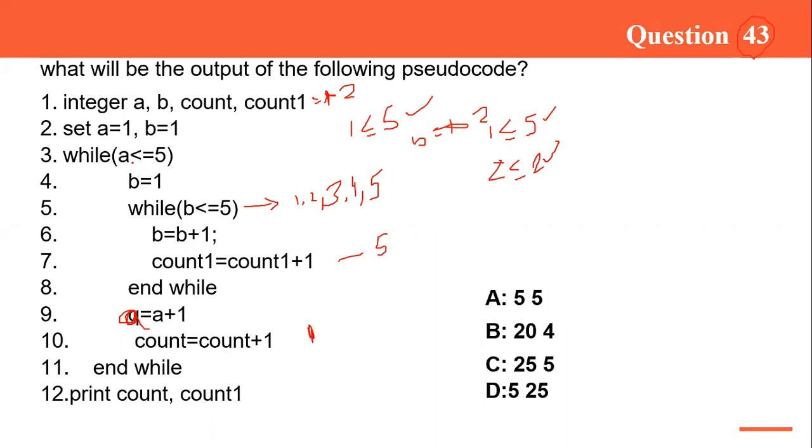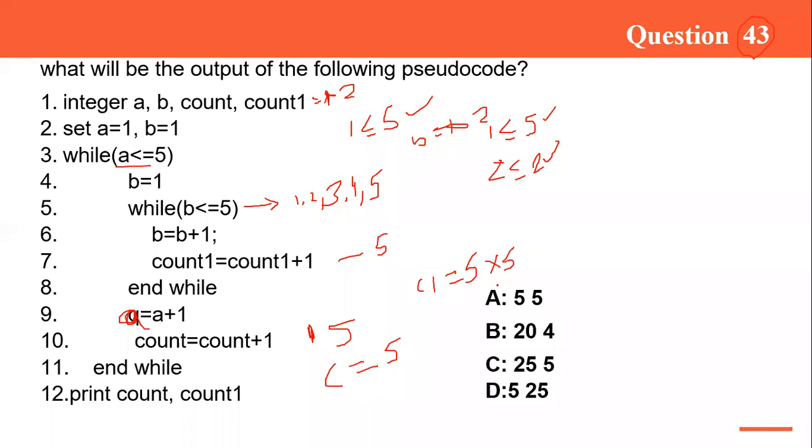For count, we have to figure out how many times the A loop is running, and whatever the number of times A is running, that many multiples of times B is running, right? Because B is inside the loop. So how many times is the A loop running? 5 times. So count value will be 5, and count 1 value will be 5 into 5. Am I right?